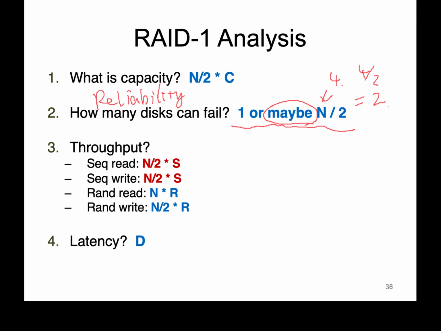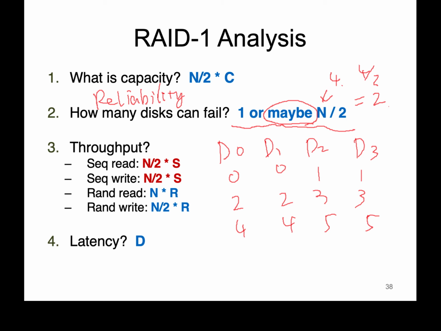Let's say we have a total of 4 disks: disk 0, disk 1, disk 2, and disk 3. And we have the data duplicated into the first 2 disks and the second 2 disks. So basically we have 0, 0, 1, 1, 2, 2, 3, 3, 4, 4, 5, 5, something like that, right?